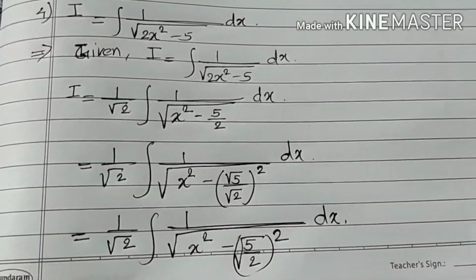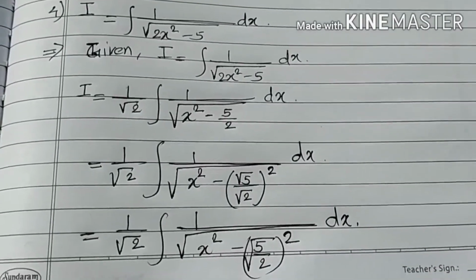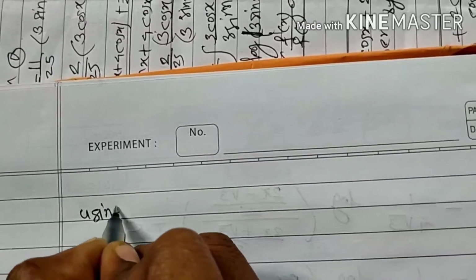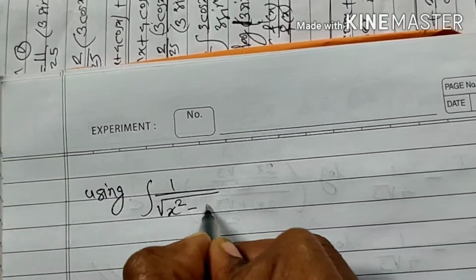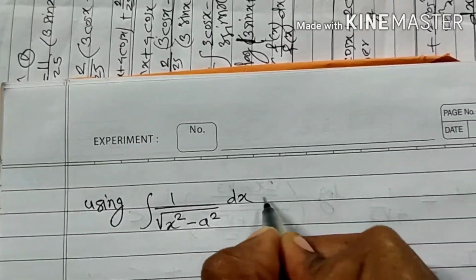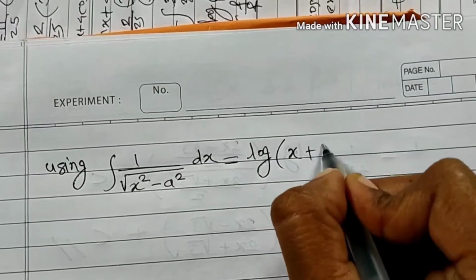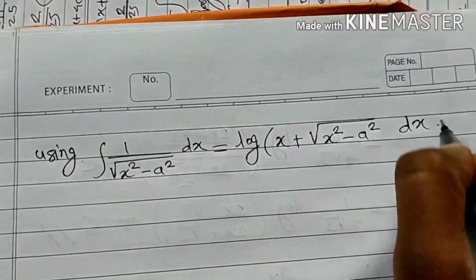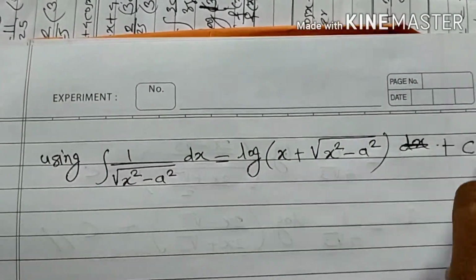Now use the formula for under root of x square minus a square. Integration of 1 upon under root of x square minus a square dx is equal to log x plus under root of x square minus a square, sorry, plus c.